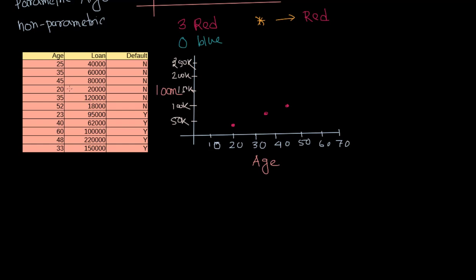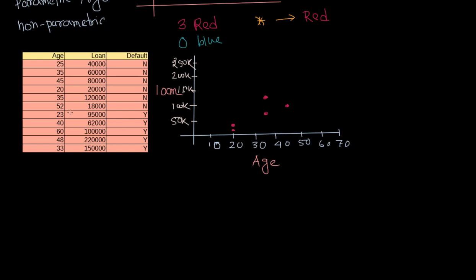Now for age 20, it will be 20k, so all of these are still in, right? Now for 35 it is 120k, but this is also in, so that means nearly over here.